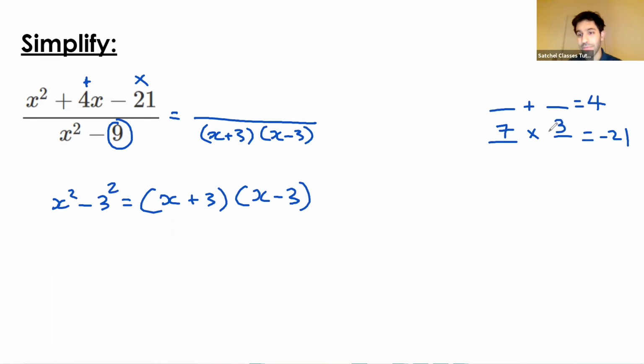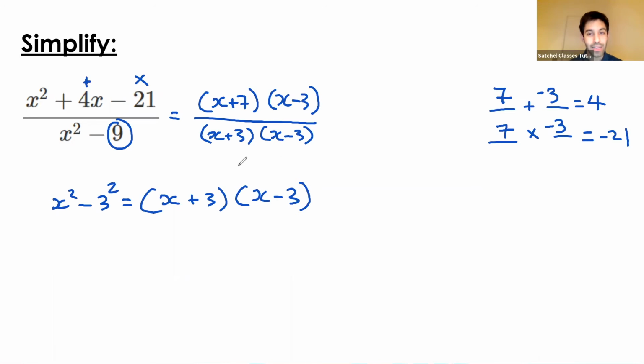So 7 and 3 have a difference of 4, but I need a negative number. Now let's think about this. If 3 is negative, well, 7 times minus 3 is minus 21, and 7 plus minus 3 is going to be 4. So these two numbers satisfy the conditions that we're looking for. So to factorize this expression, we'll have x plus 7 multiplied by x minus 3.